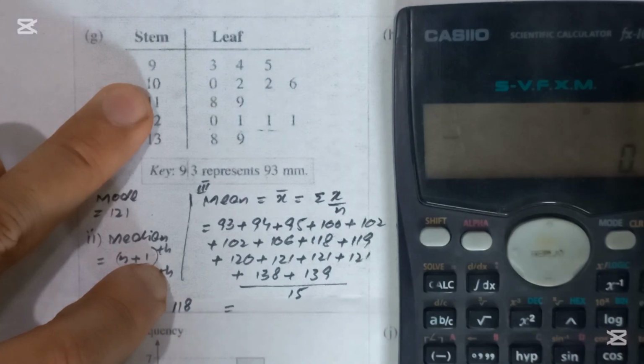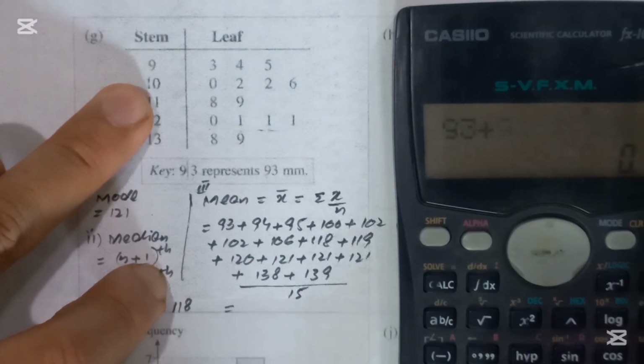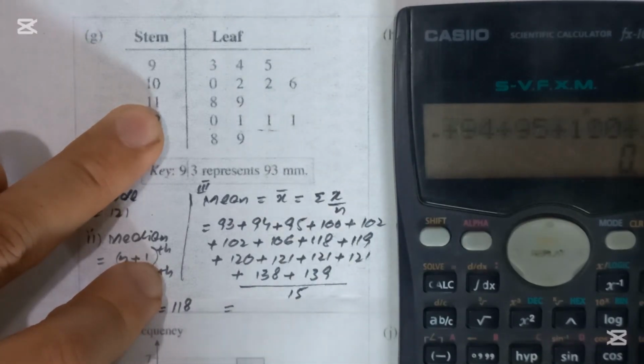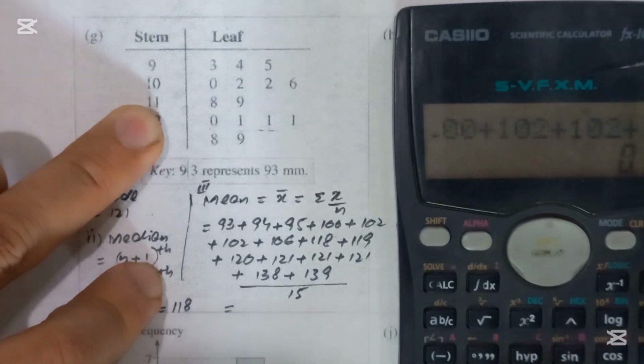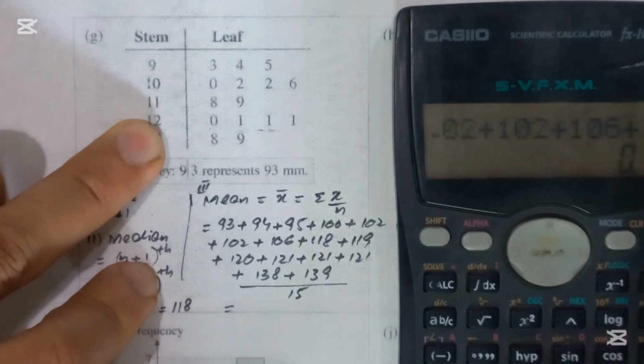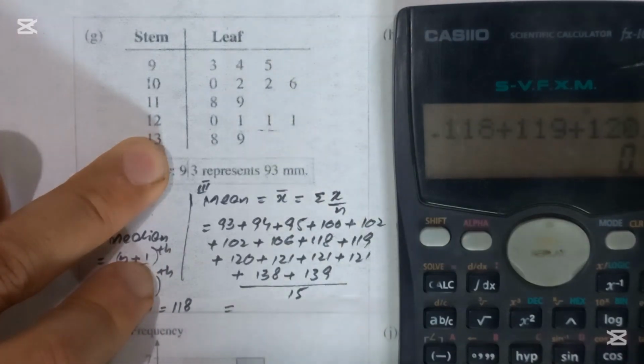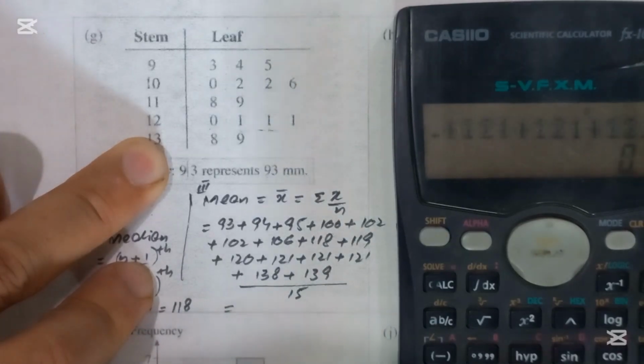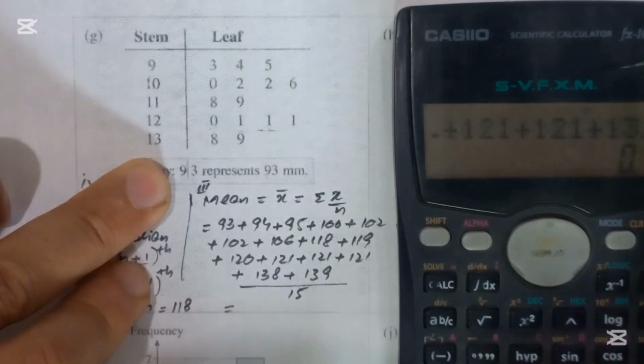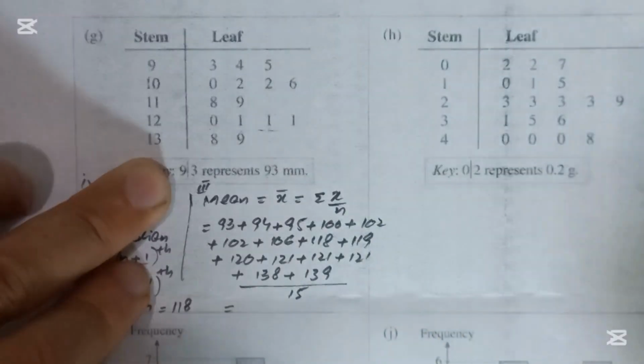So 93 plus 94 plus 95 plus 100 plus 102 plus 102 plus 106 plus 118 plus 119 plus 120 plus 121 plus 121 plus 121 plus 138 plus 139 equals 1689.